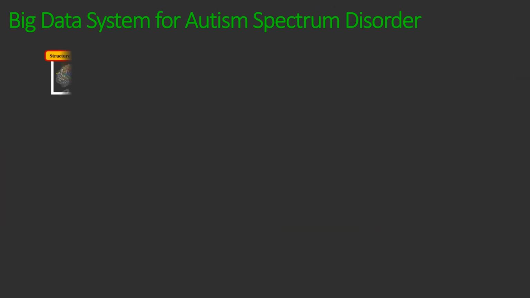So NIH made a very good study. They started to collect data from high-risk families, and a high-risk family is a family that has one or more cases diagnosed as autistic. After 3 months from delivery, they collect the genome, structure MRI, DTI, and function MRI, and the researchers start to work on it.